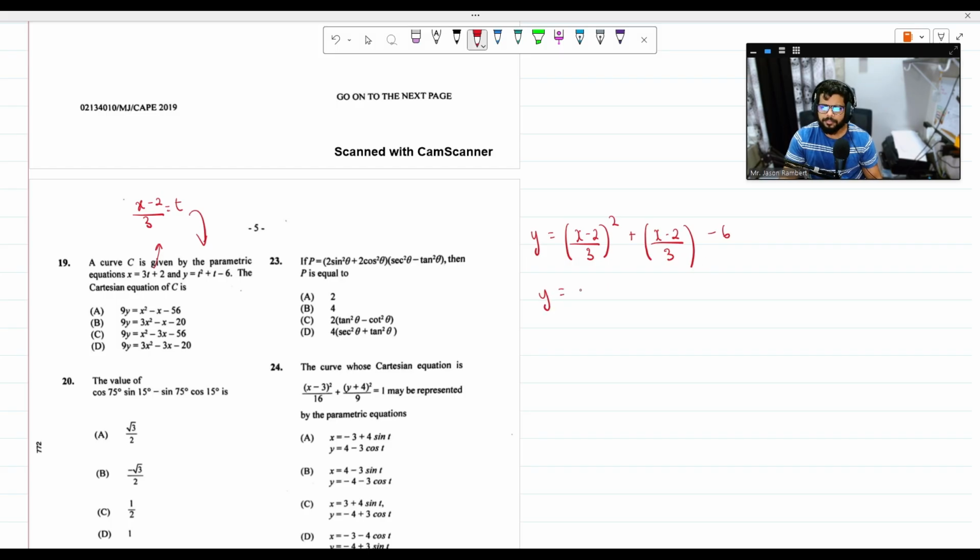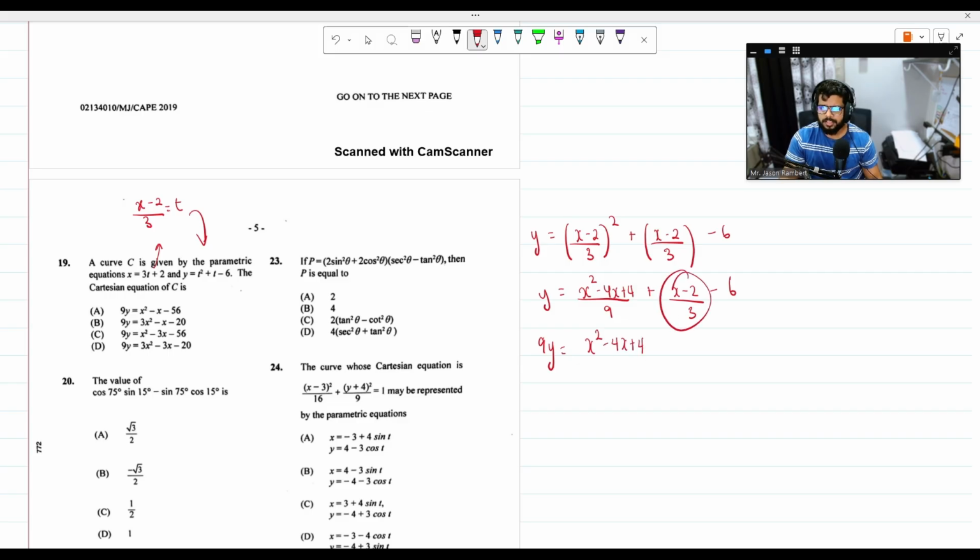Y is equal to x squared minus 4x plus 4 all over 3 plus x minus 2 all over 9, sorry, minus 6. Multiply everything by 9. 9y is equal to x squared minus 4x plus 4.